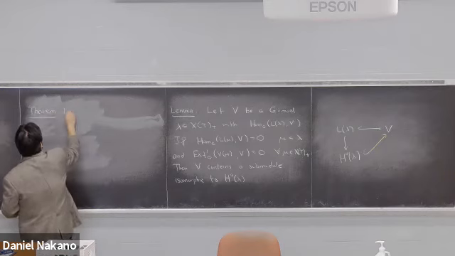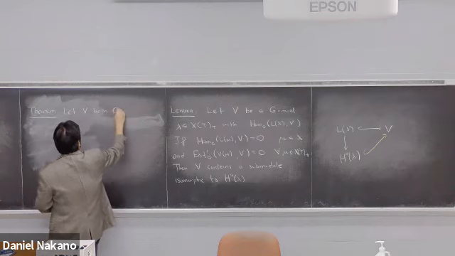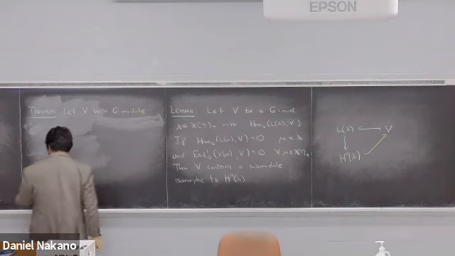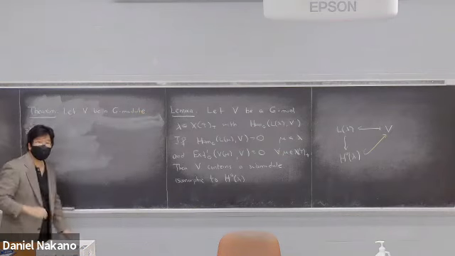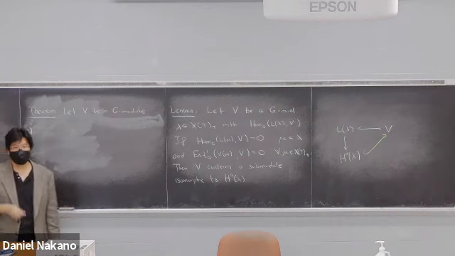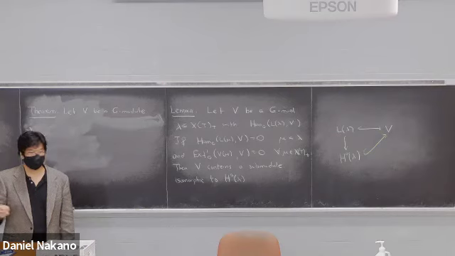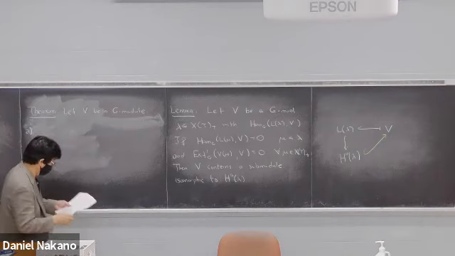So let V be a G module. The first statement says how many times H0(lambda) appears in a good filtration.